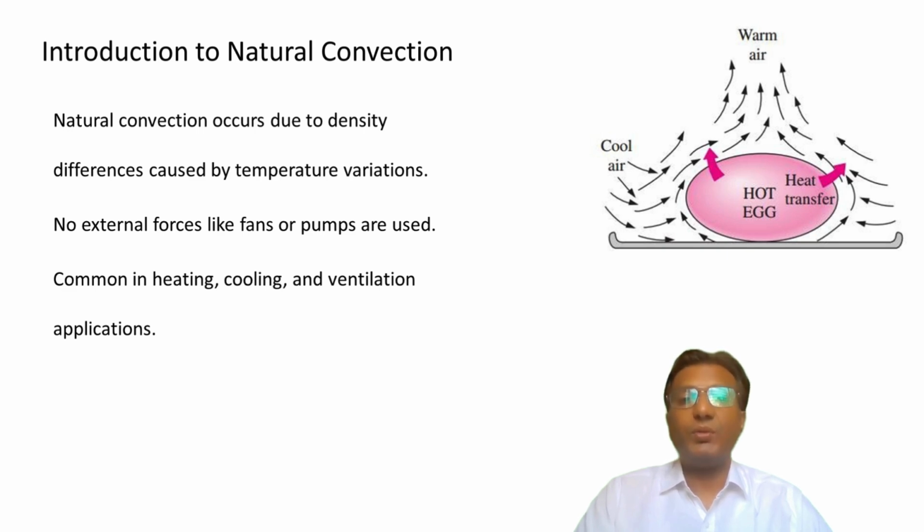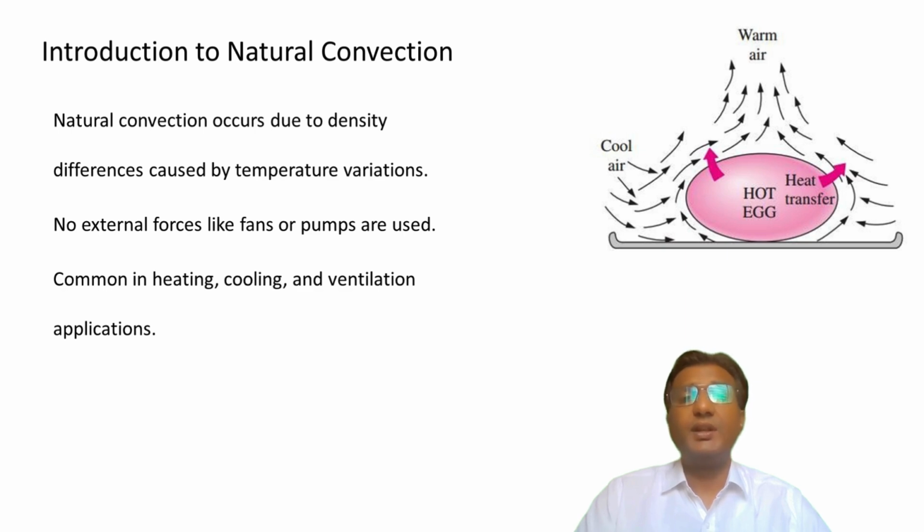Natural convection is common in heating, cooling, and ventilation systems, such as radiators in homes or passive cooling in buildings. It is prevalent in natural phenomena like ocean currents driven by temperature gradients. The heat transfer rate depends on factors like the temperature difference, fluid properties, and surface geometry.